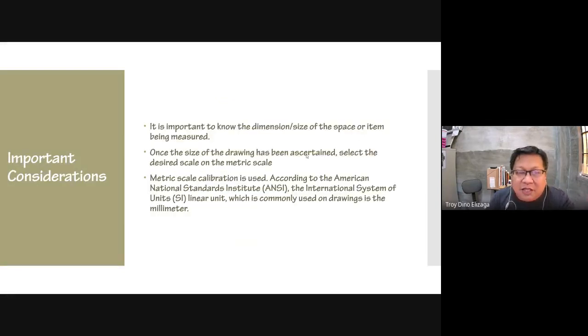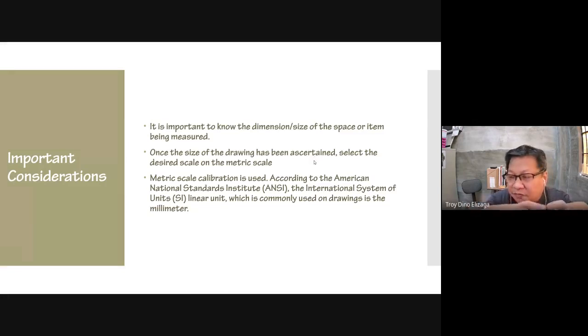So it is an important consideration to know the dimension size of the space or item being measured. Once the size of the drawing has been ascertained, select the desired scale on the metric scale. Metric scale calibration is used according to the American National Standards Institute. In the International System of Units, the linear measurement commonly used on drawings is the millimeter.